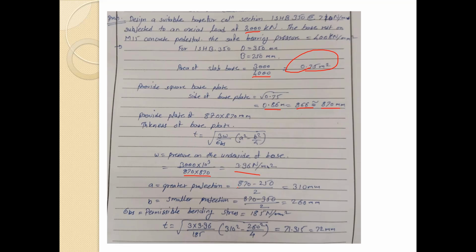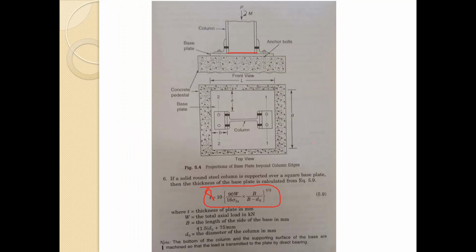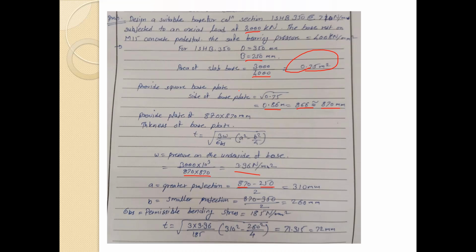We have provided a side A, from that we are deducting this B, that is the width or breadth of the column, and dividing by 2, so that we will get the greater projection. So that becomes 310 mm.